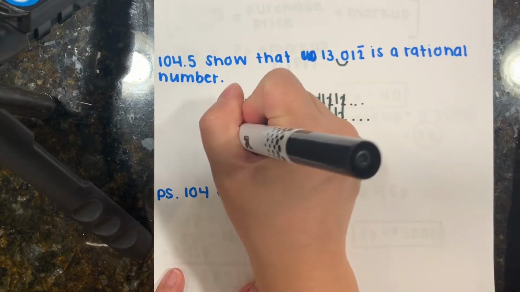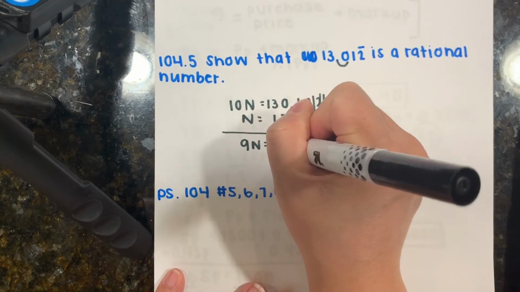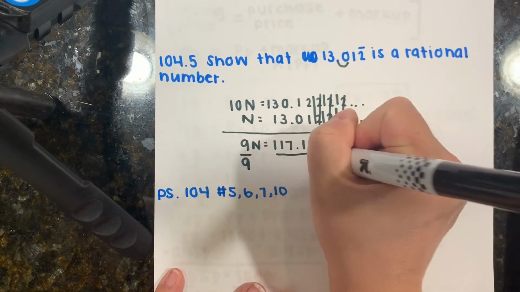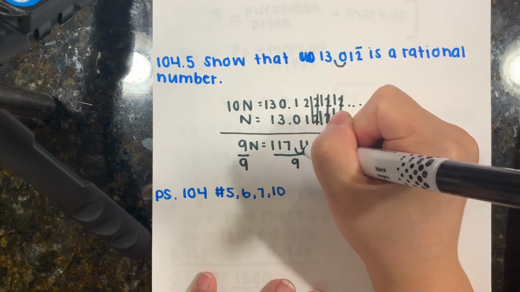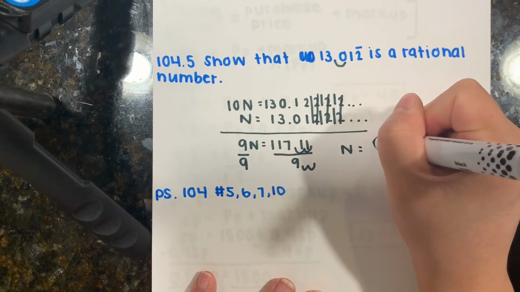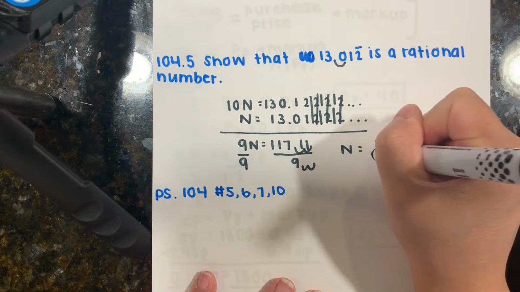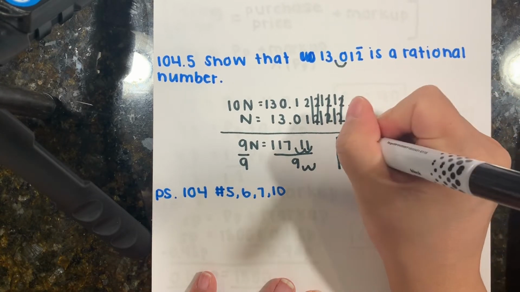And that would give me, when I subtract that, I would get 9n is equal to 117.11. Divide both sides by 9, but again, you want to have a whole number. So I'm going to multiply it by 100, and that would give me n is equal to 11,711 divided by 900, and that would be your result.